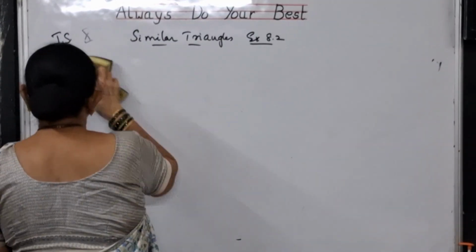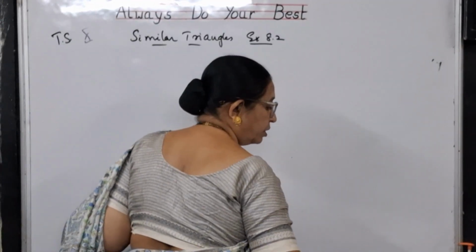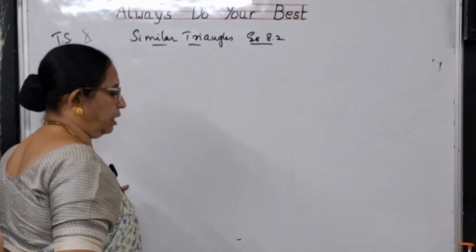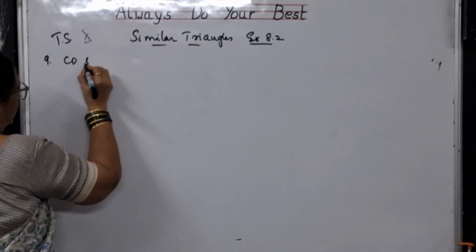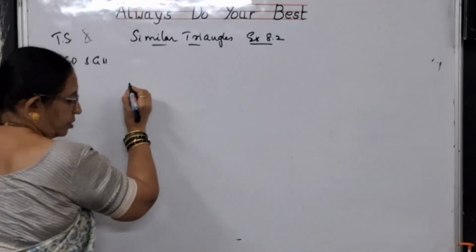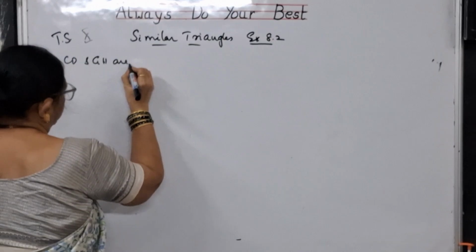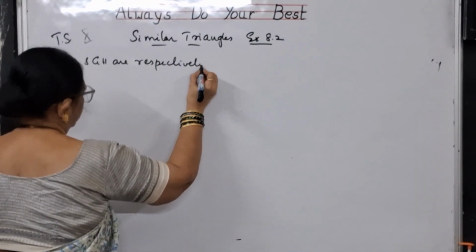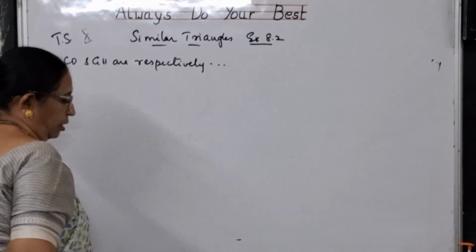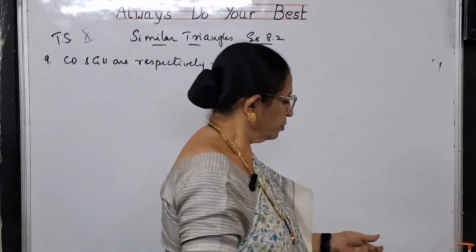You can open your textbook and go through it. CD and GH are respectively... It goes on like this. So let me read this problem.